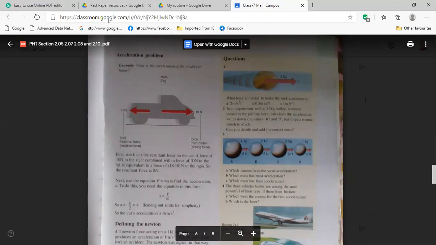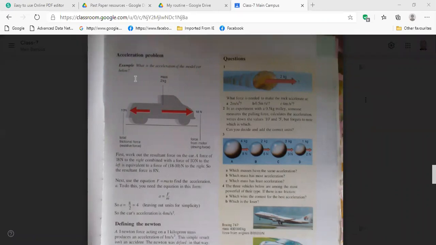Ruhi, can you read this example, acceleration problem, from here, please? Acceleration problem. Example: What is the acceleration of the model car below? First, work out the resultant force on the car. A force of 18 Newton to the right combined with a force of 10 Newton to the left is equivalent to a force of 18 minus 10 Newton to the right.